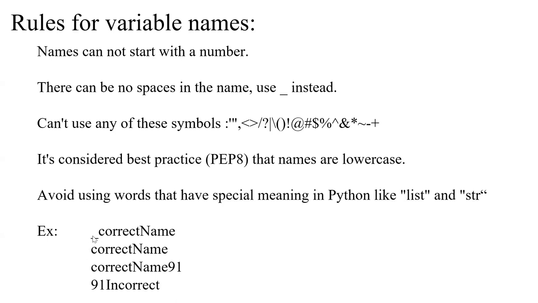The variable name should start with either underscore or alphabet, but should not start with a number. A number is allowed only after the first letter. So there are some rules whenever you are defining variable names. Are you clear about these points?